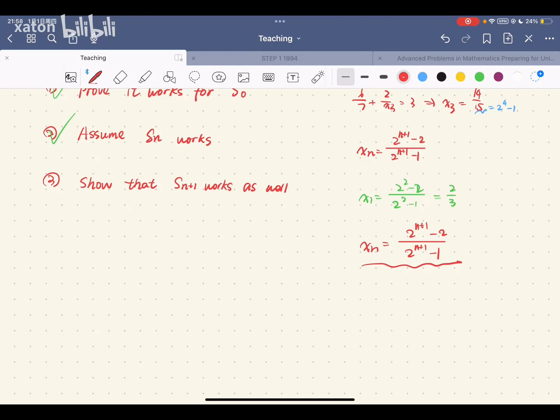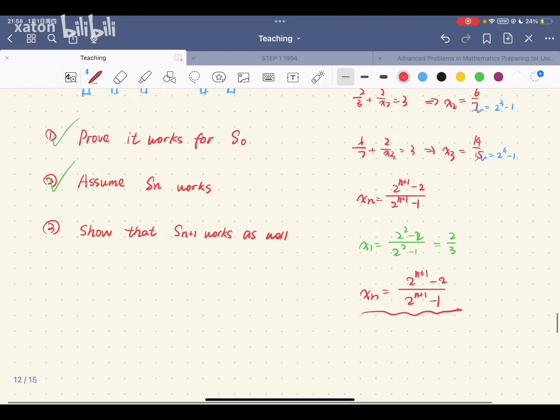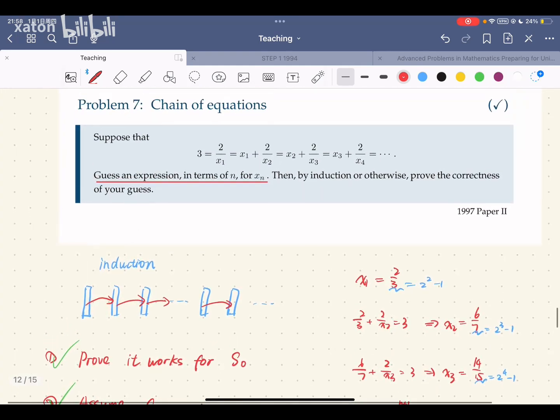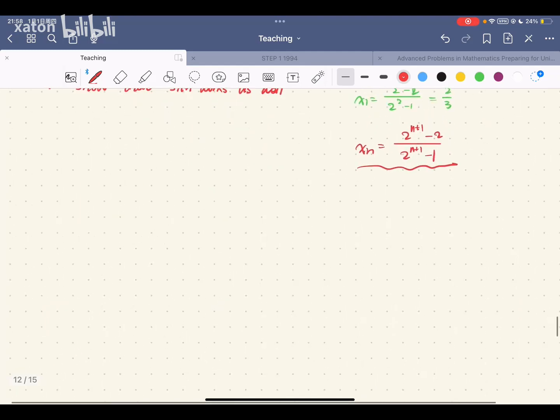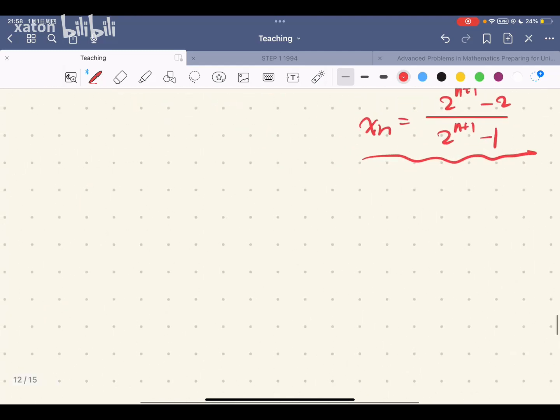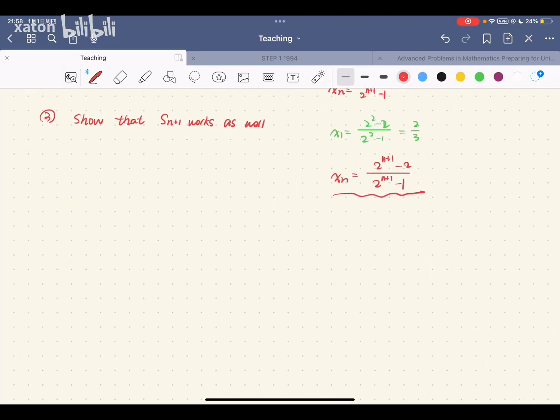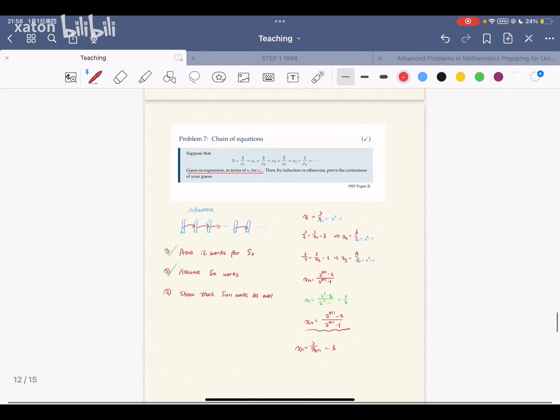But let's look at what we have. We have the chain equation. So right now what we have is xn plus 2 over xn+1 equals 3, right? This is currently what we have.